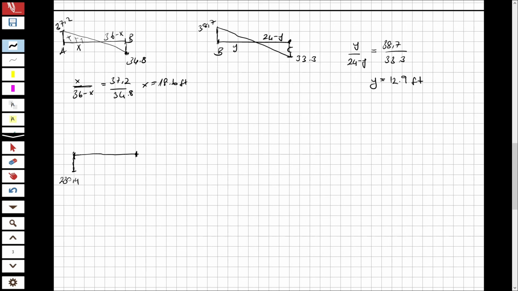When I multiply 37.2 with 18.6, this x value, over 2, I'm going to obtain the value that I have to increase. When I increase by this amount of area, I'm going to obtain 115.56.